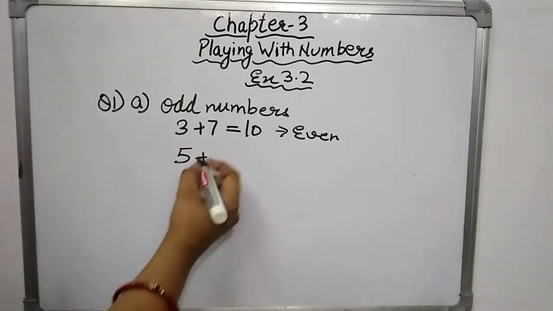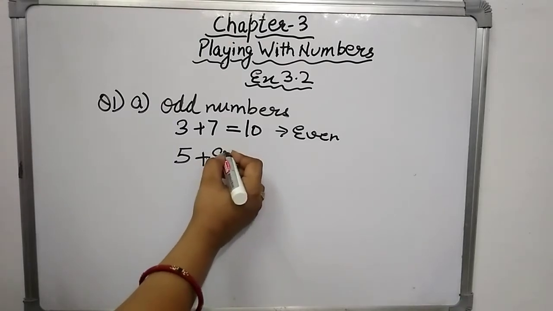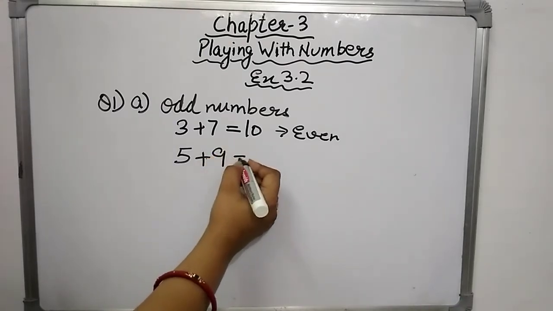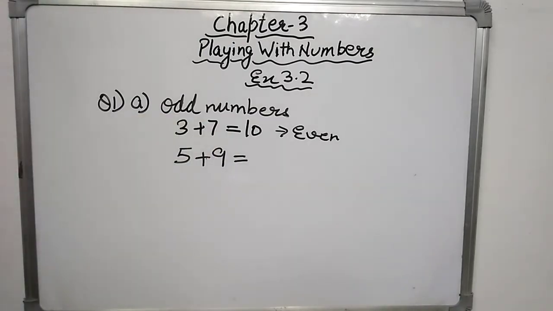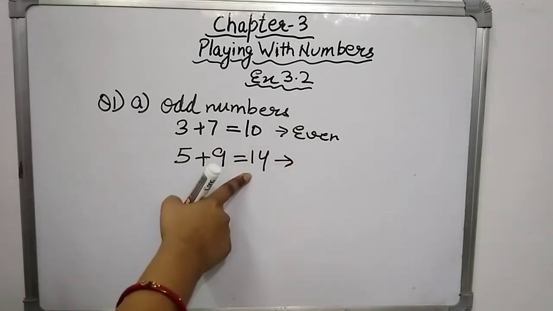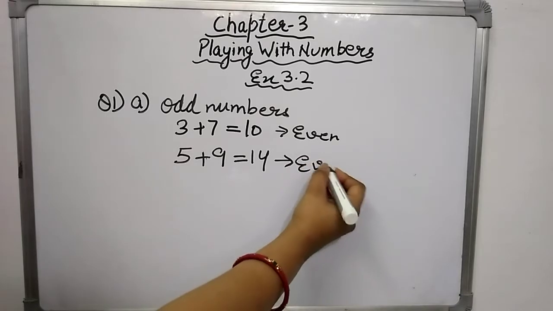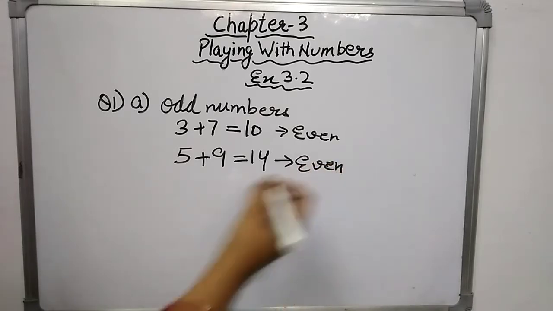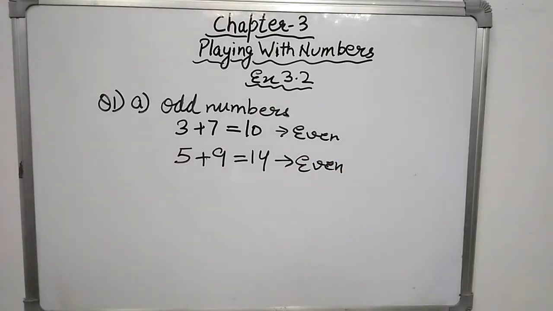Let's take one more example for this. 5 plus 9 is 14. Again, the sum is even. So that means if you add any two odd numbers, your answer will always be an even number.